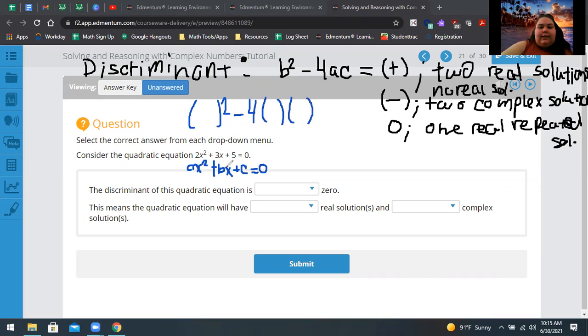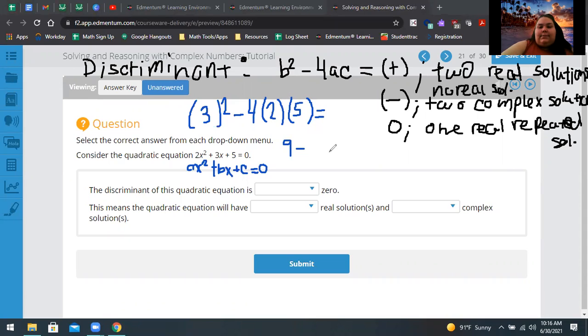So our b is 3, so we're going to enter 3 squared minus 4, a is 2, and our c is 5. So we simplify. 3 squared is 9. Minus 4 times 2 is negative 8.